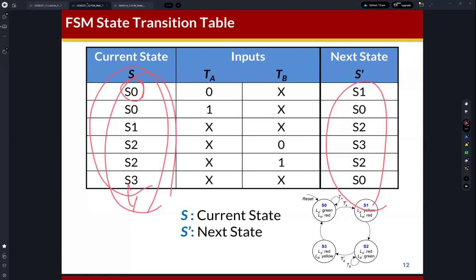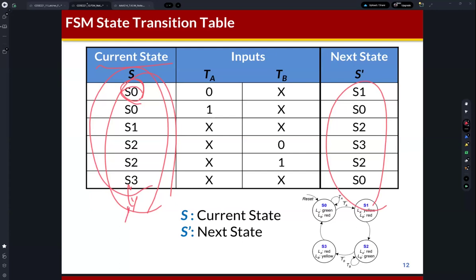So this current state, like S0 and S3, needs to be represented using digital values 0 and 1. This is called the state encoding. We don't need to use the text characters, like the letters S0 and S3.